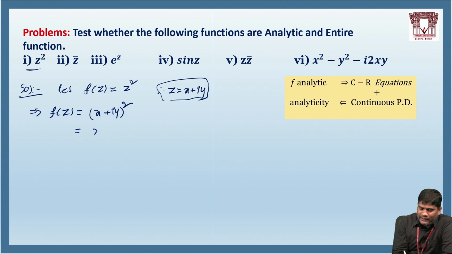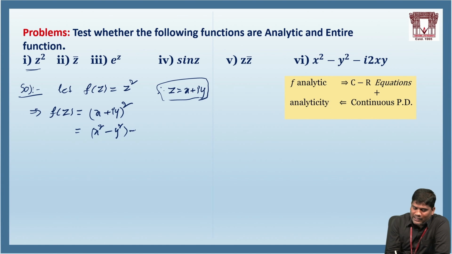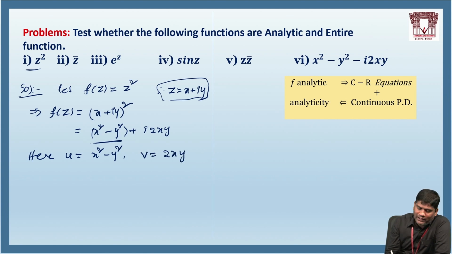Expanding it, x square minus y square plus i times 2xy. Here the real part u is equal to x square minus y square. The imaginary part v is equal to 2xy.